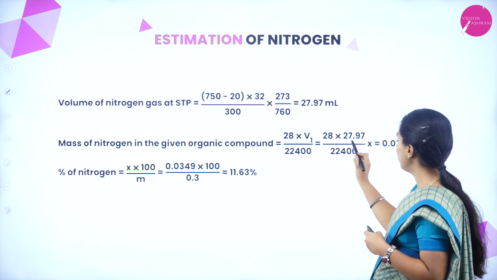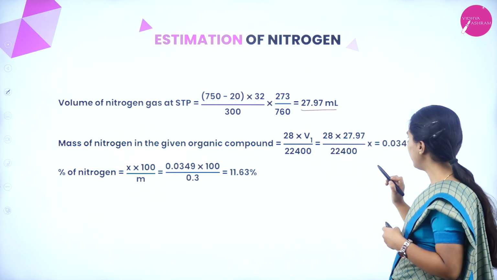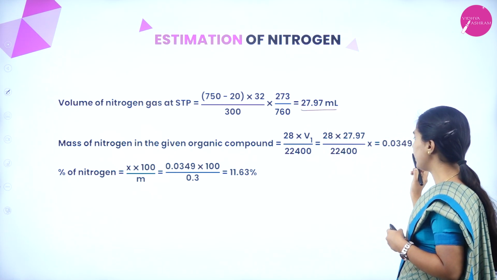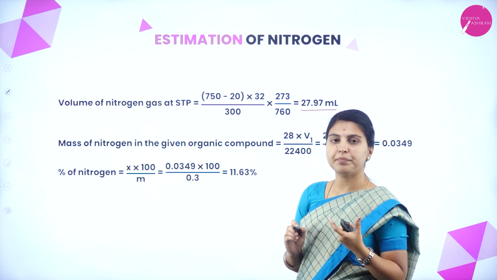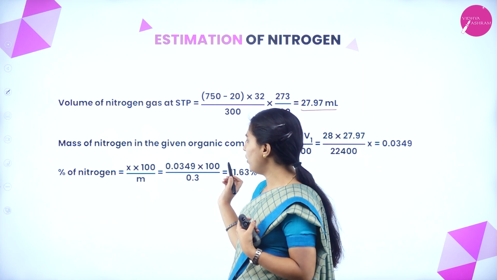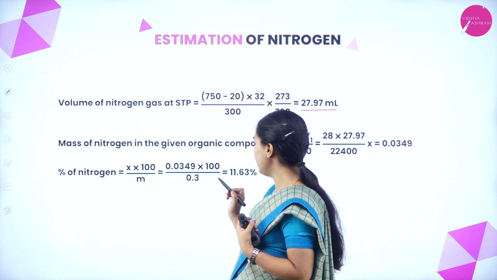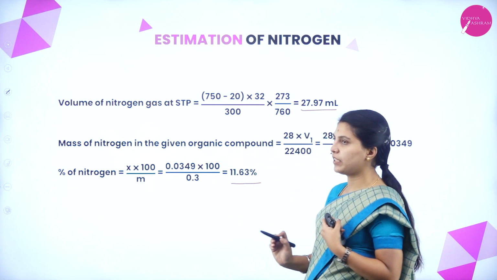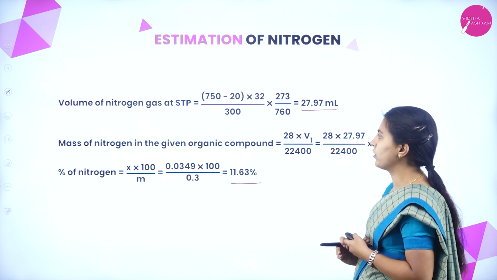Here the V1 you have got should be substituted. You will get 0.0349. How do you find the percentage? Whatever mass you got, divided by the given mass, into 100. You get 11.63% of nitrogen present in that compound.